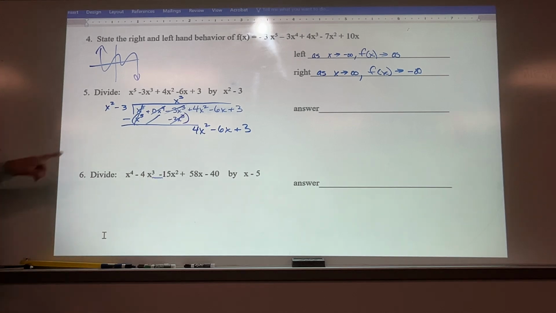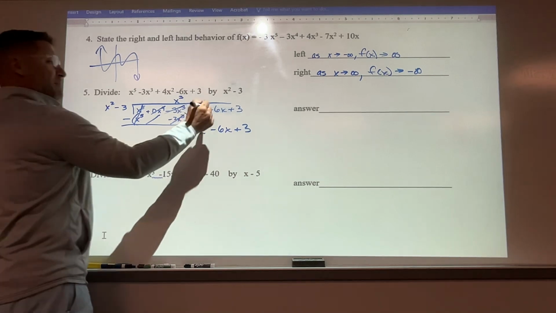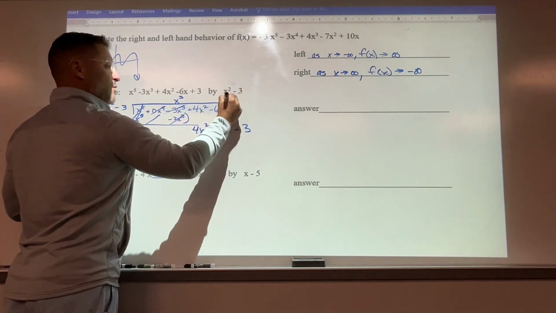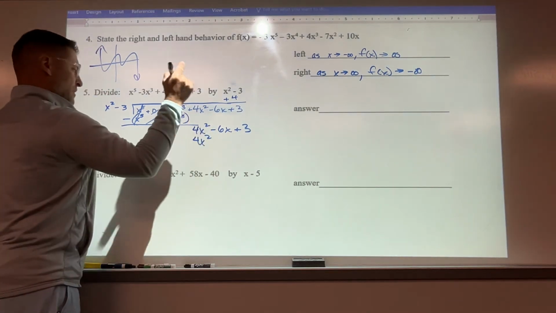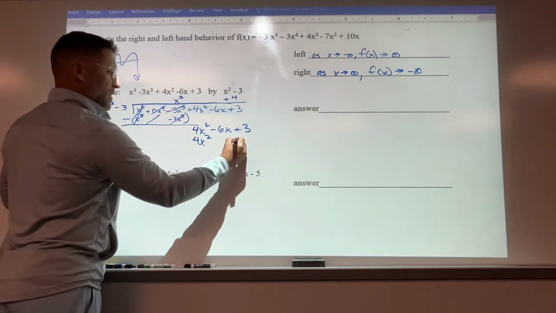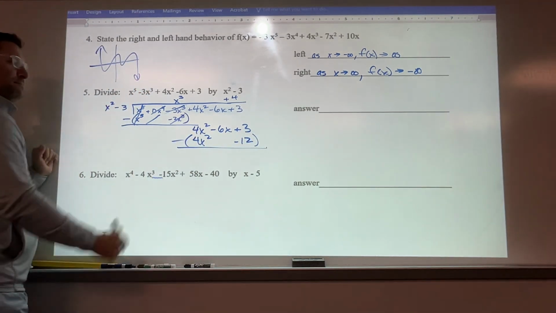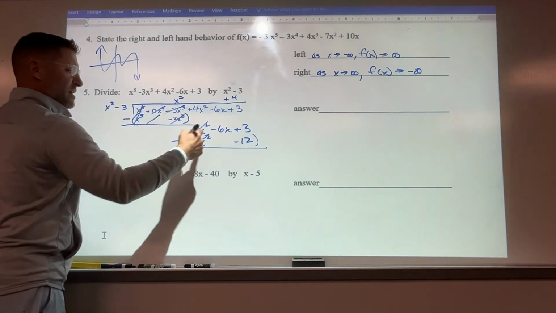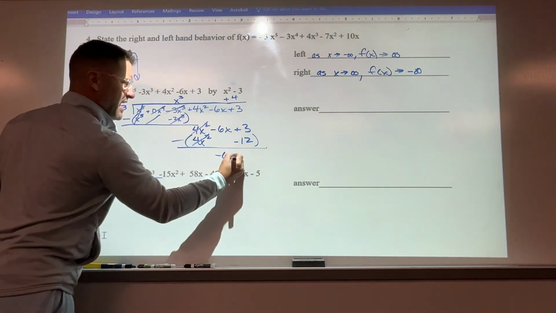All right, I need x squared to turn it into 4x squared. I'm going to multiply by a 4. So I'll put plus 4 in that spot. 4 times x squared is 4x squared. 4 times negative 3 is negative 12. I'm going to subtract. 4x squared minus 4x squared is gone. Negative 6x minus nothing is negative 6x.